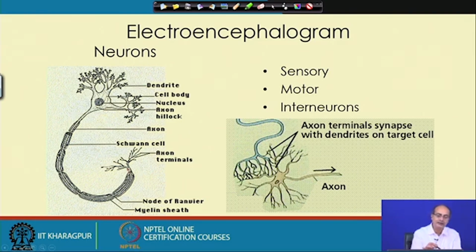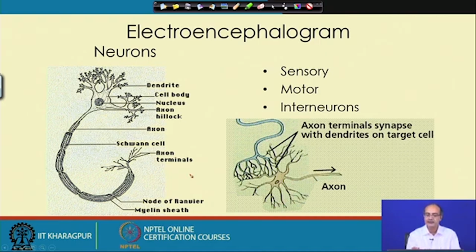And how is the circuit completed? Ions are flowing within the cell through the axon, and through the interstitial fluid outside the cell, so the circuit is completed. That is how the signal flows, and the neurons can be divided into three classes.